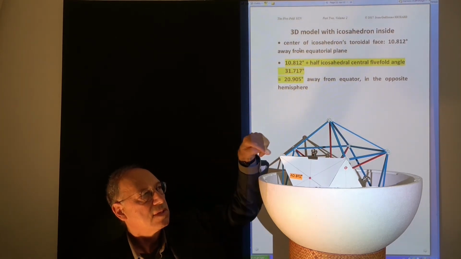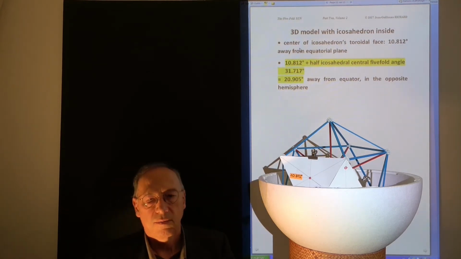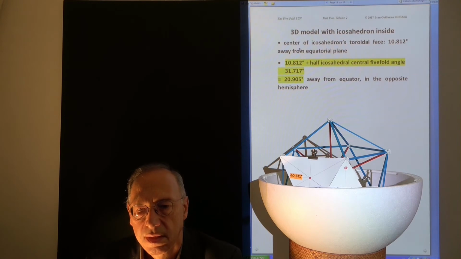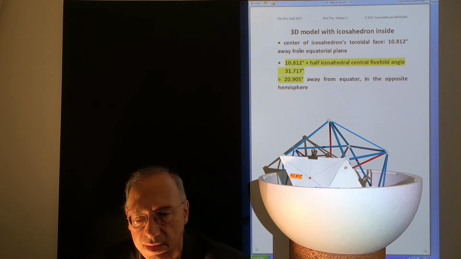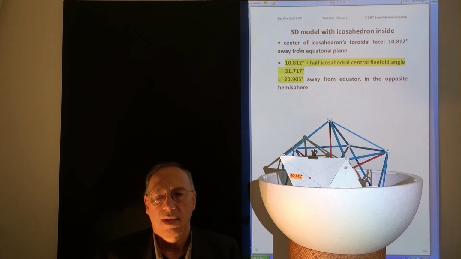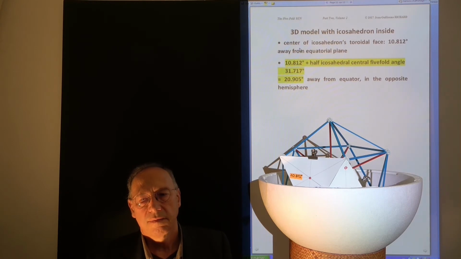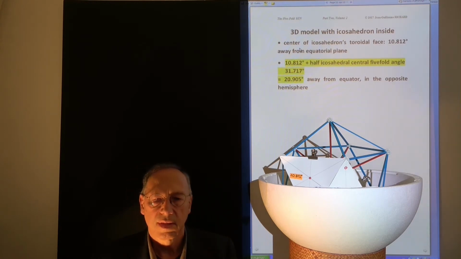The vertices here in this planar ring we call, in the Fivefold Sun, the toroidal vertices of this imaginary interior icosahedron, and the faces that are between these vertices and the equator we call the toroidal faces.